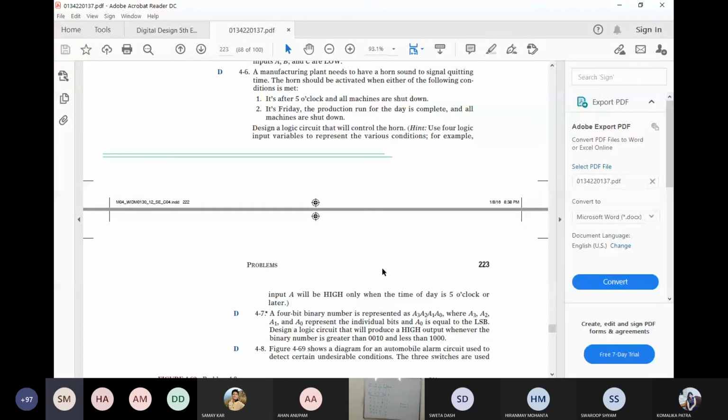Ma'am, it should be 1 for the condition 1011 also. Yes, elaborate how it will be 1011.